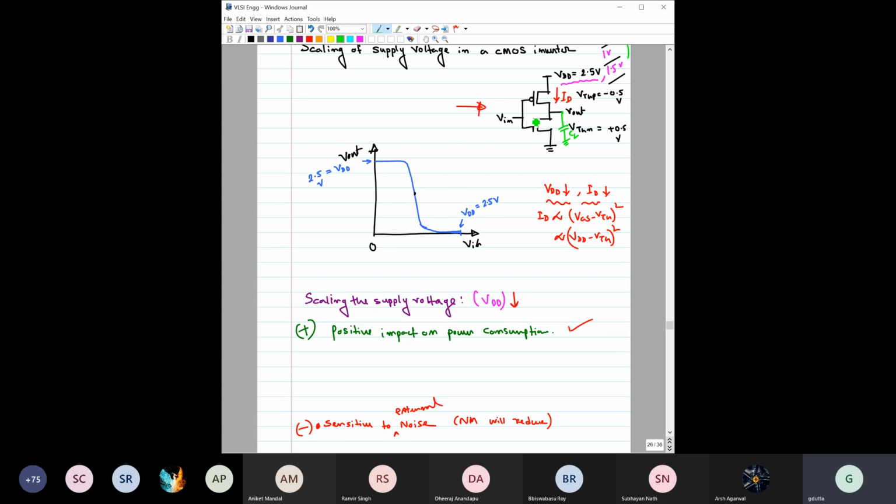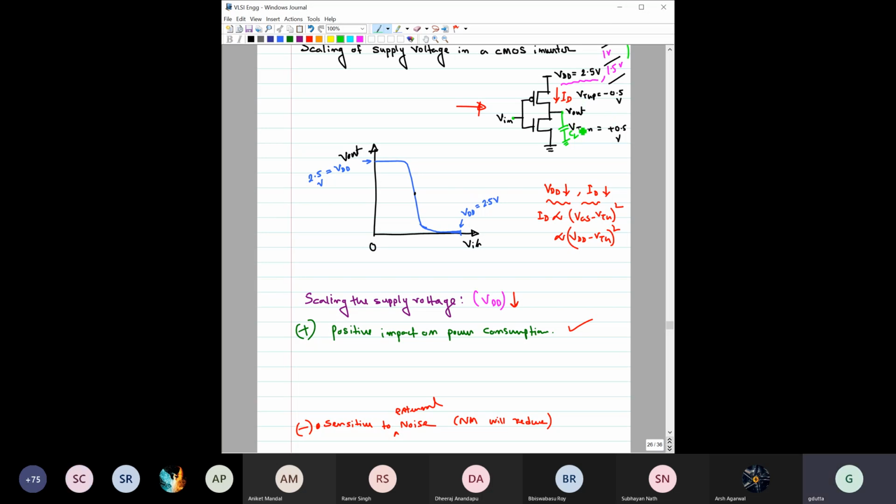Maybe this inverter is driving another inverter, and the same thing is there after this. So the gate capacitances of these two are the load capacitance for this. So it is driving an external capacitor, right? Now, if the value of ID reduces, will the charging time for this capacitor reduce or increase? Increase. It increases, right?